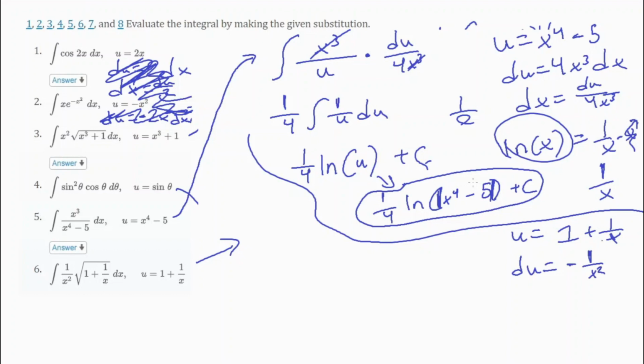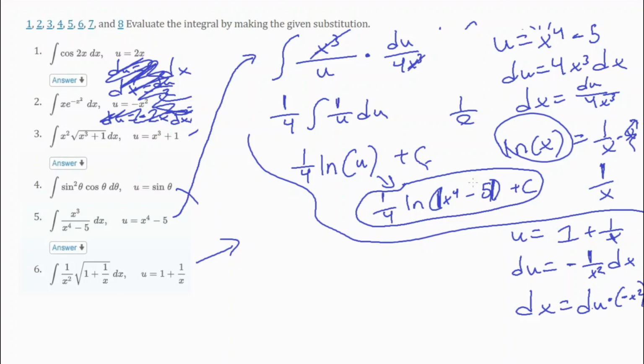That's because this is x to the negative 1 power, and then we just find the derivative of that. And that's going to be dx. So that means dx is going to be equal to du times negative x squared.